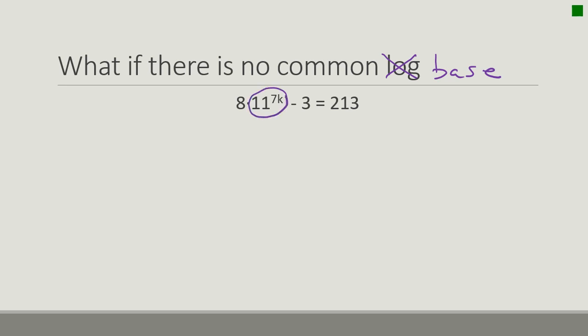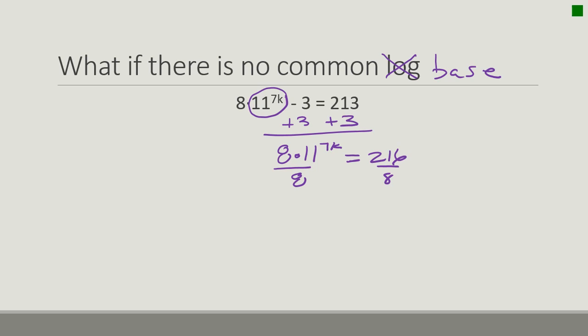So the first thing I'm going to do is add 3 to both sides. So I get 8 times 11 to the 7k equal to 216. Then I'm going to divide by 8 because you can't multiply that 8 times 11, because they've got different bases. You can't do that. So you want to divide.